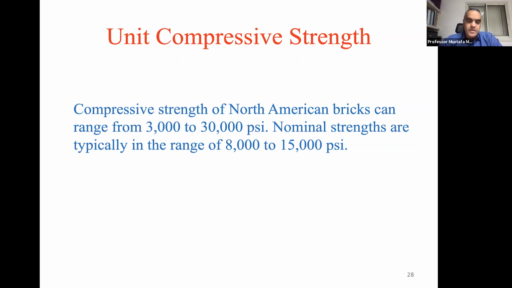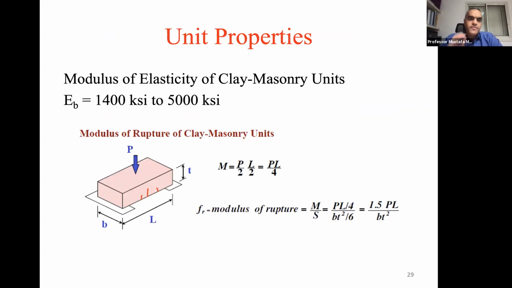That's why you see them in walls, and they have been standing for many years. Now, the modulus of elasticity of clay masonry is between 1,400 to 5,000 psi. We would be interested in the modulus of rupture. Okay, and that can be determined using, of course, a simple test. So you have that information in the technical notes, but the modulus of rupture is very simple, determined using the moment divided by the elastic section modulus of the material.